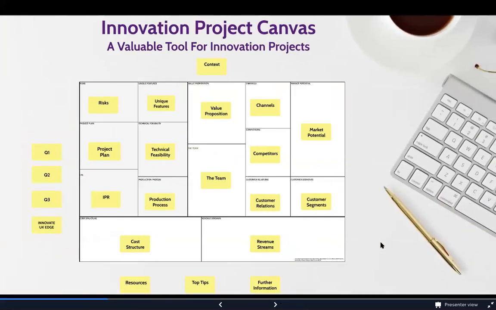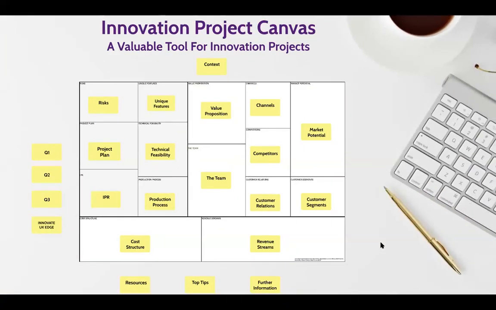Okay, so moving on, we've got the concept, we've defined what our unique features are, we've delved into the technical feasibility of the project that we're looking to undertake, and we've found that yes, it's technically feasible, we can do it, and we understand what we need to do to make it happen.